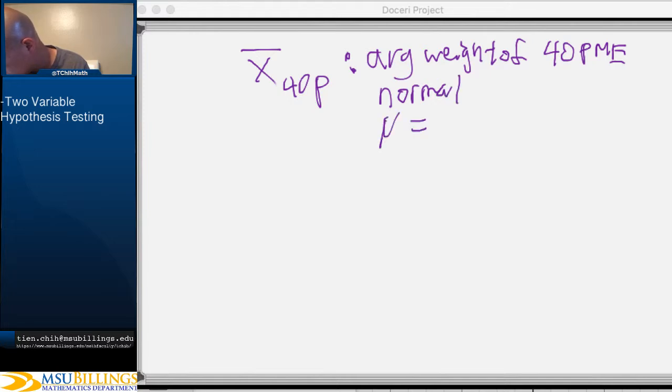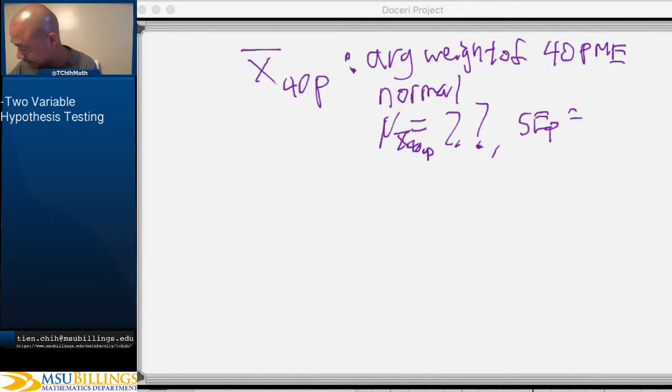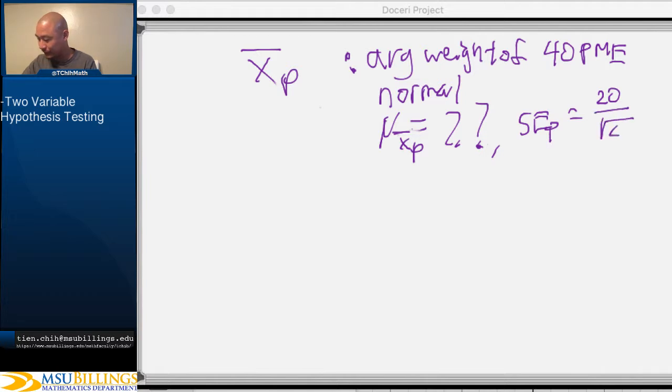Mean is who knows. Standard deviation is what we already said. I'm going to skip the 40 just because it's too ugly to write that over and over again. The standard error is, what do we say? It was 20 over square root of 40, right? And then we have our blue microelephants.